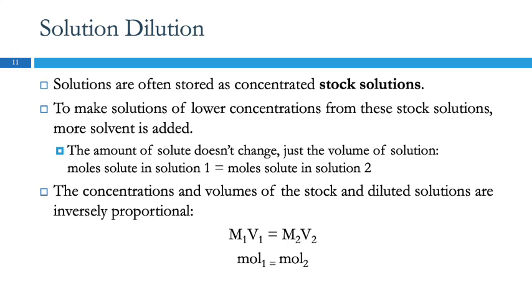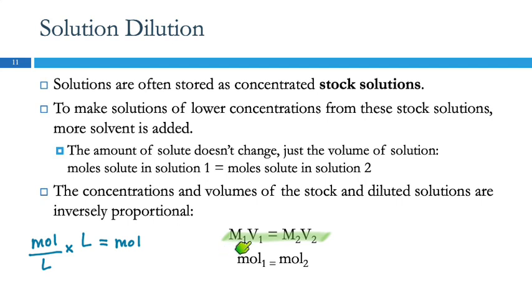And so this brings us to an equation. M1 V1 equals M2 V2. This equation is pretty popular with students. And let's just think about what this is meaning. If I take the molarity of the first solution times the volume of the first solution, the molarity would be moles per liter, and I multiply by the volume, that's going to give me the moles, right?